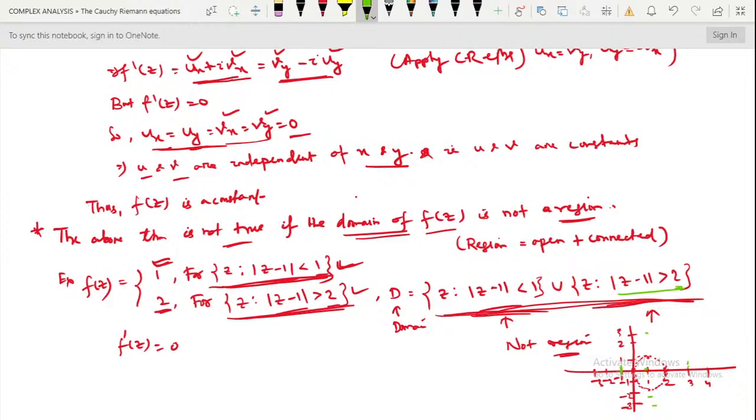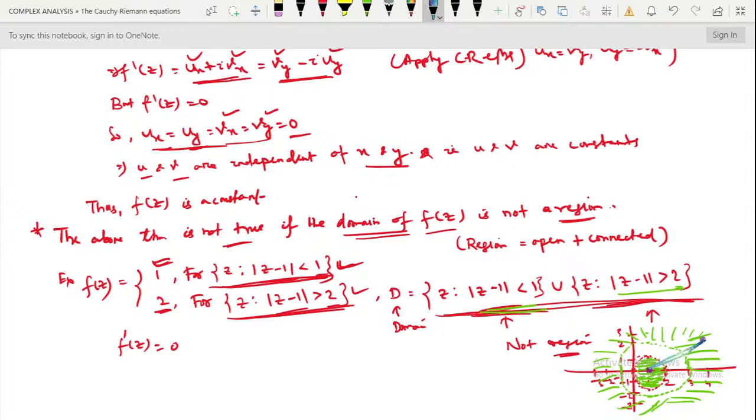The first set is inside the small circle and the second lies outside, and if I show this, it is not connected. Since this is not connected, it is not a region.